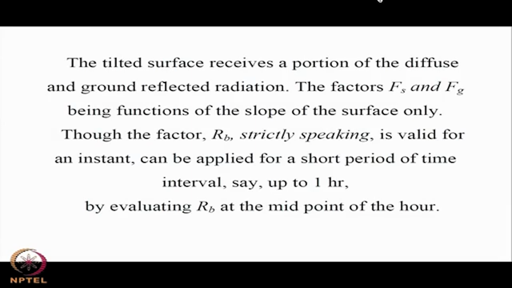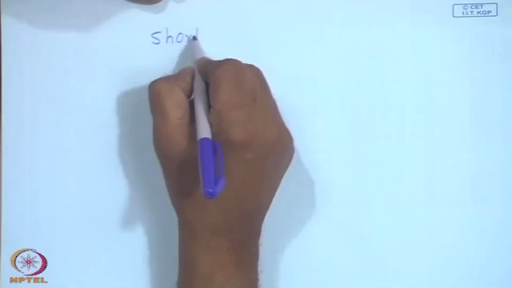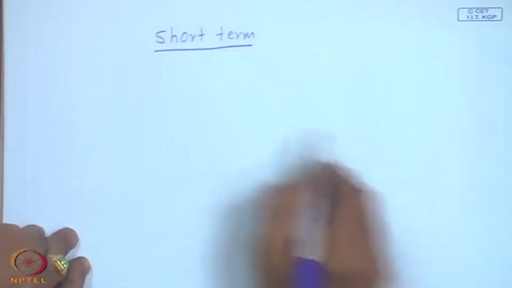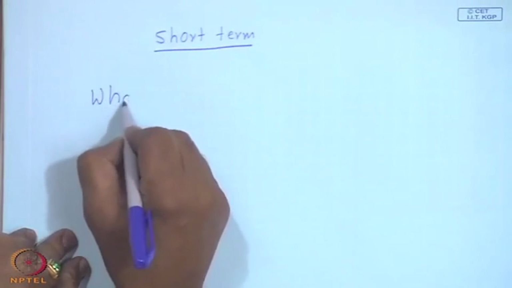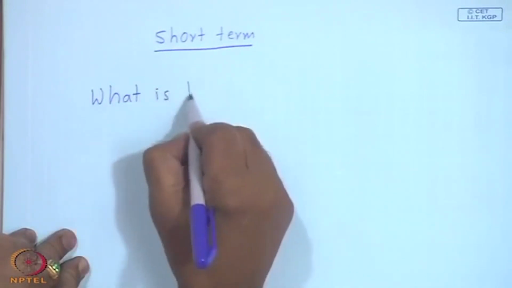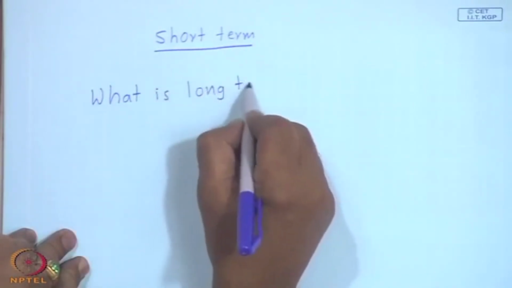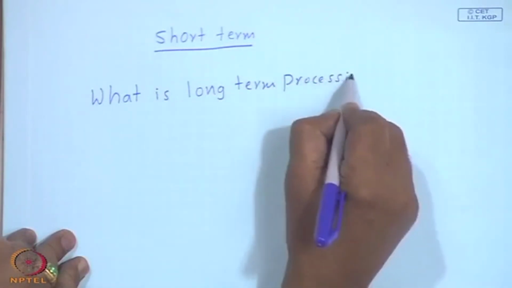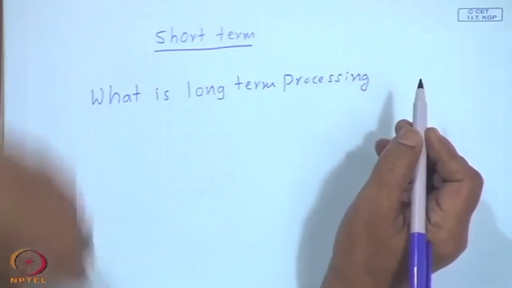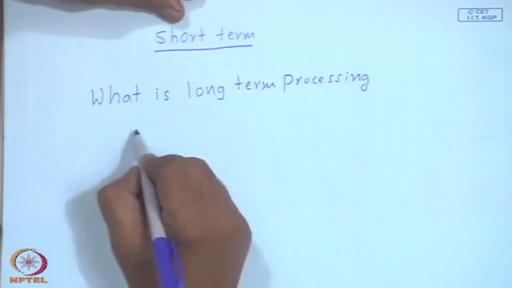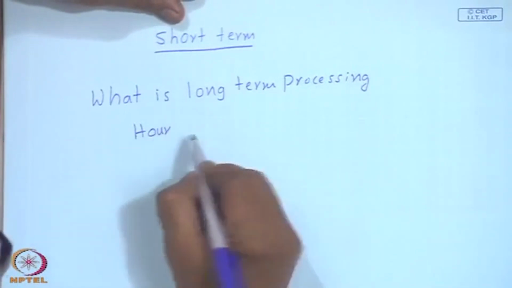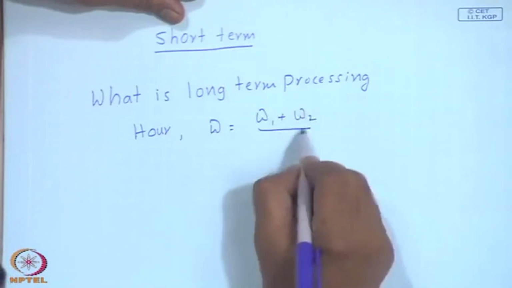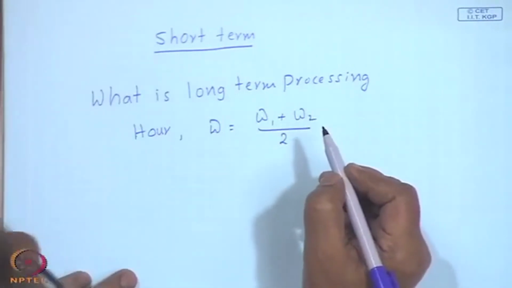Now, so this is short term processing. We will have a little bit of introduction for what is long term. So, for an hour we are able to calculate omega 1 plus omega 2 by 2.